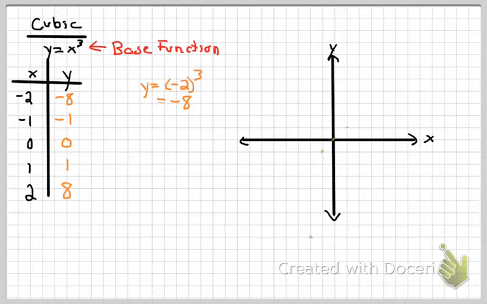And then 2, 8. So with a cubic function, again, it is a curved line. So we go up and we do a little S kind of pattern with our cubic function here. And this is y equals x cubed.